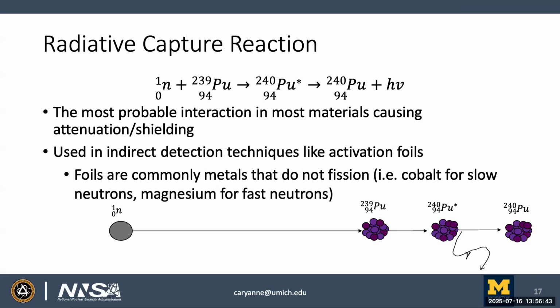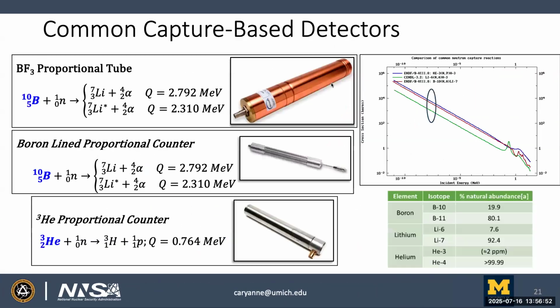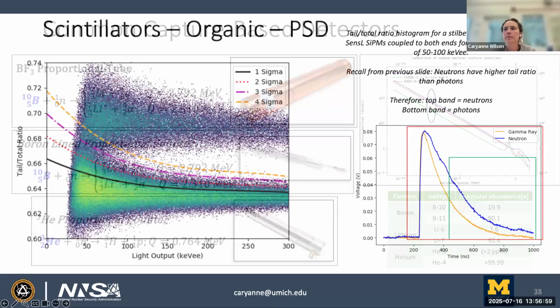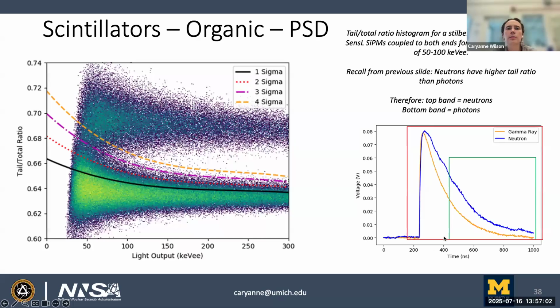There was one question asking for clarification on discrimination between neutrons and gammas within organic scintillators. Basically, the way that the neutrons and gamma rays interact with the detector, the gamma rays will interact with electrons versus the neutrons will interact with protons.